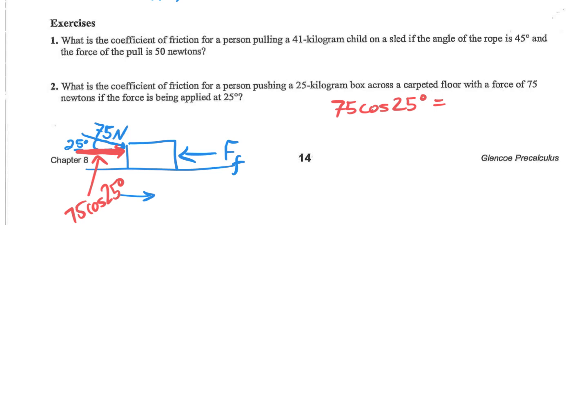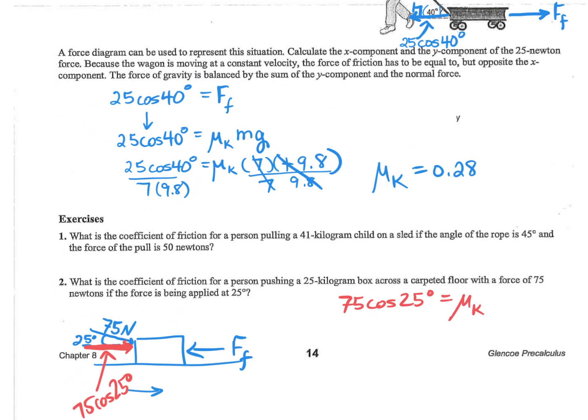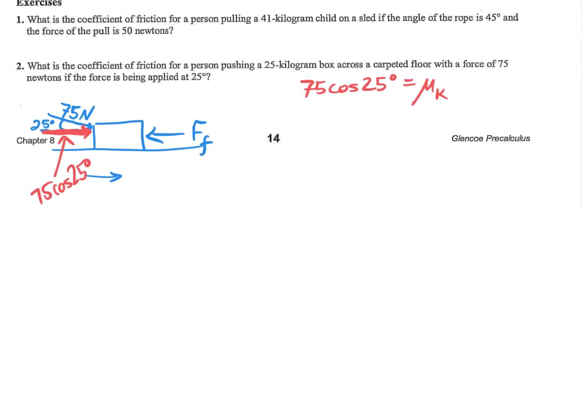All right, so what would this be? Mu times what? What's the formula? Mu sub k times mg. So what is the mass this time? 25, and what is g?